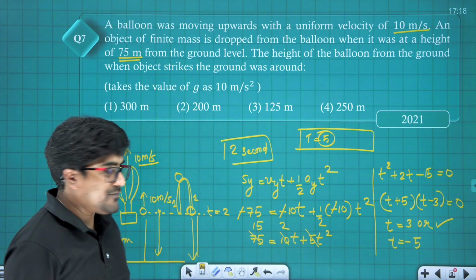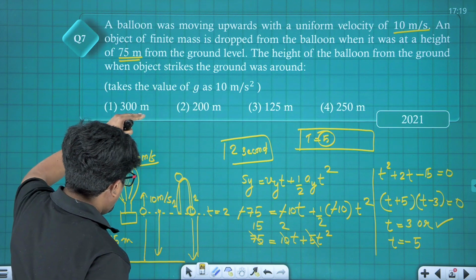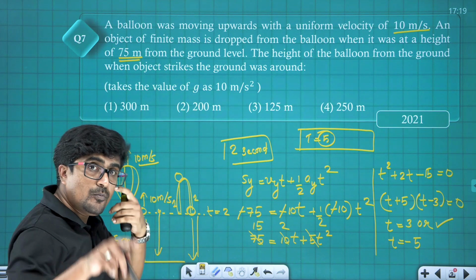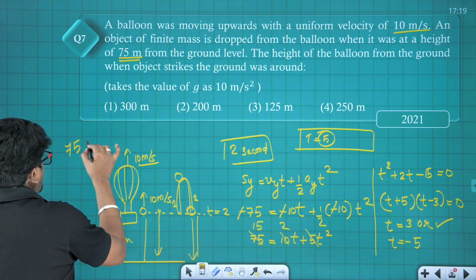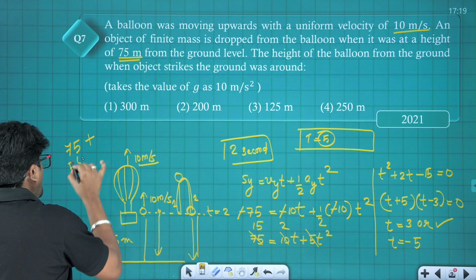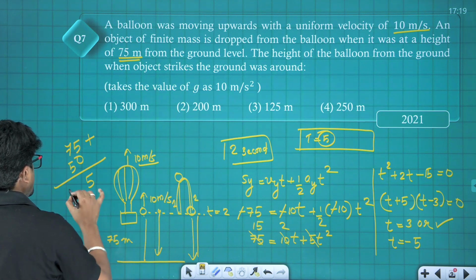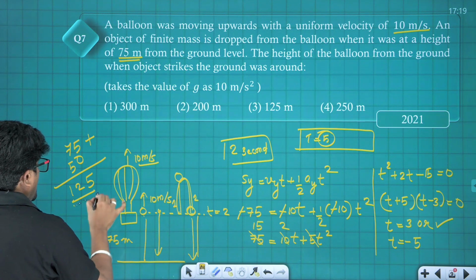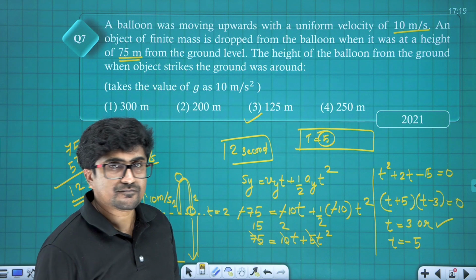So time taken is 5 seconds. Now in that 5 seconds, the balloon will be moving up by 50 more. So it's already at a height of 75, plus it is going up through a height of 50 more. So the answer needs to be 125 meters.